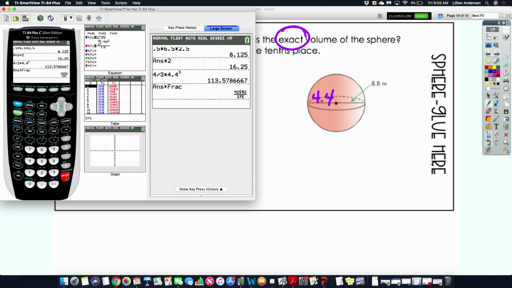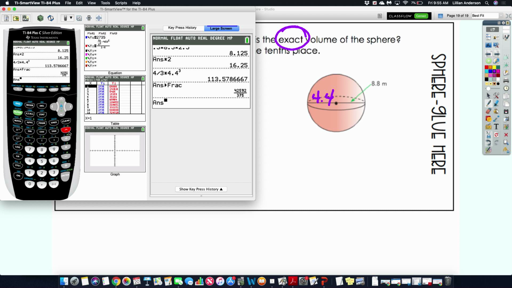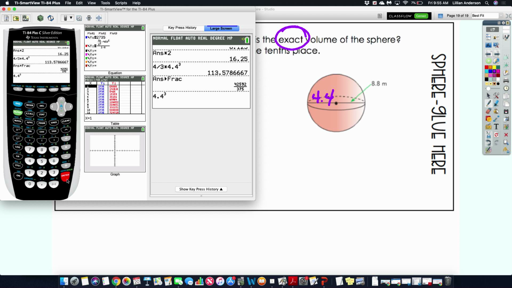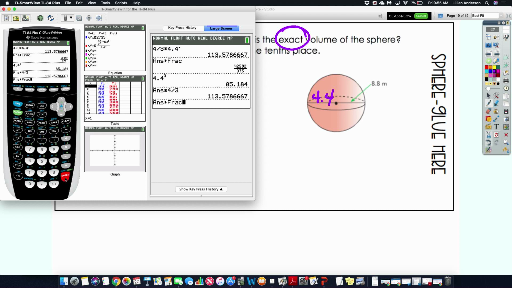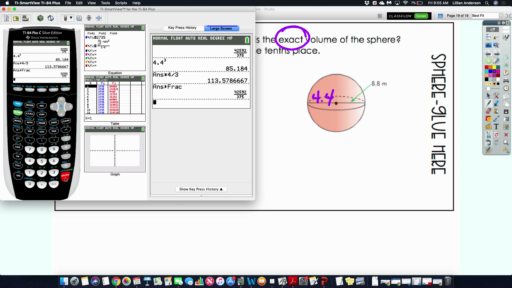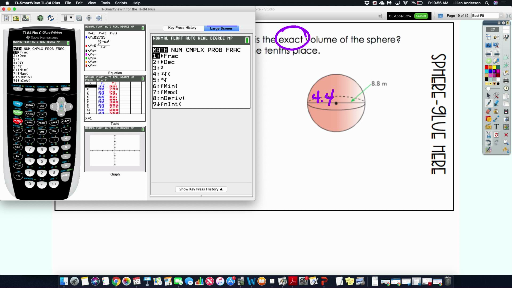That's usually the first thing I always show. Math, and then just press enter twice.